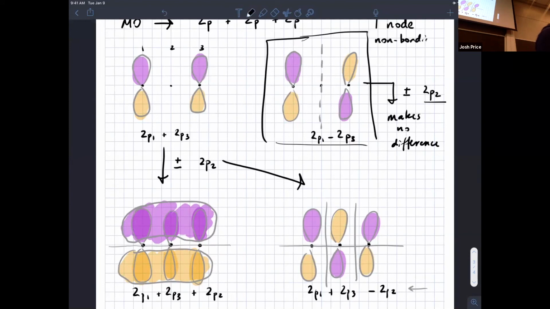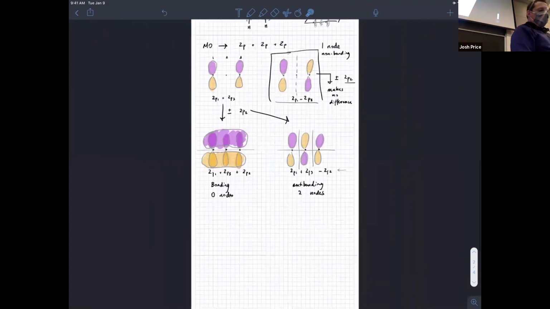You can tell bonding from non-bonding orbitals because bonding orbitals have same wave function sign on adjacent atoms, whereas anti-bonding orbitals have opposite wave function sign on adjacent atoms. And then non-bonding orbitals don't have same or opposite sign on adjacent atoms. One of the atoms has 0 electron density on it.